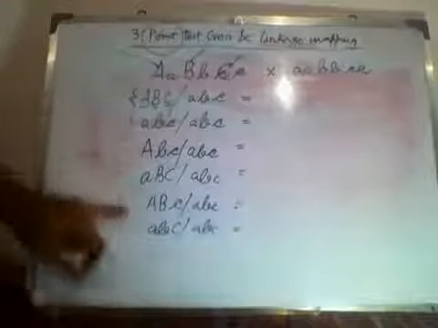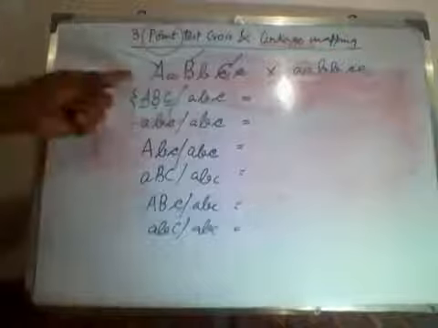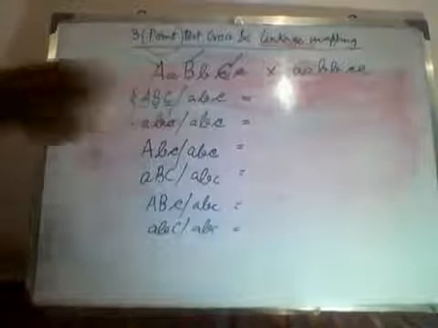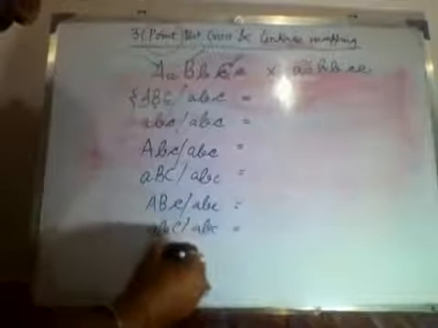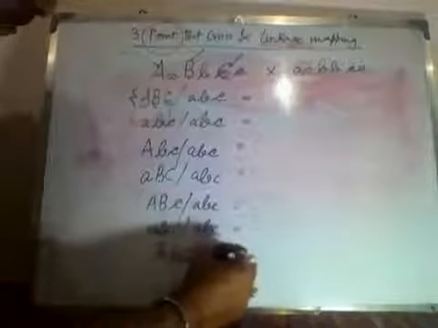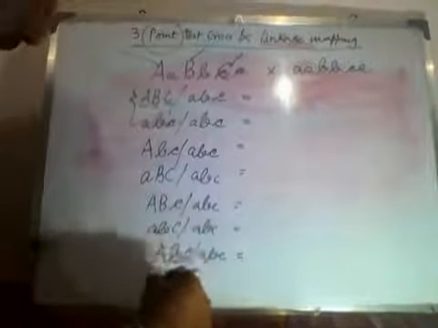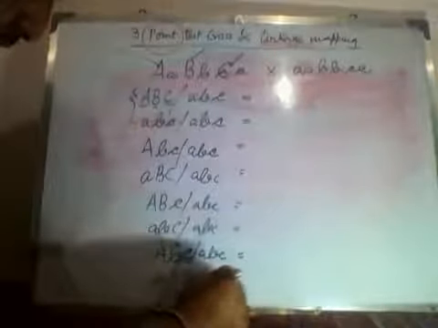All these gametes have formed due to single crossing over between A and B or B and C. Now you will also get two more classes, the double crossing over types: capital A, small b, capital C, and small a, capital B, small c, this genotype.